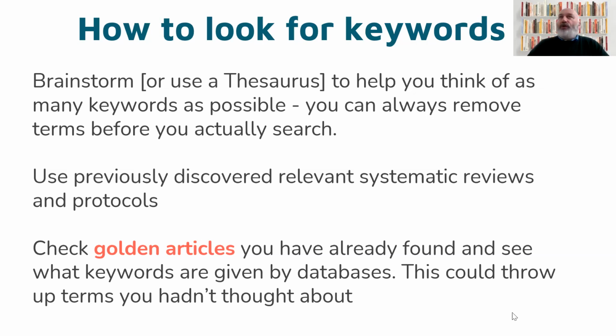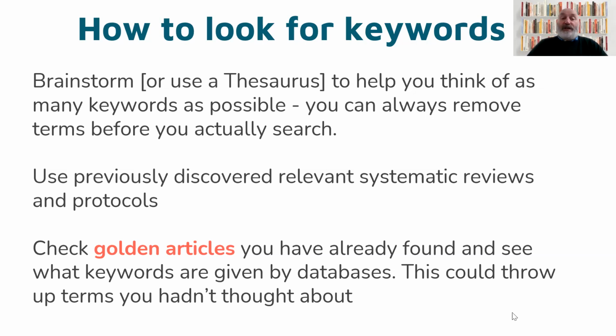So brainstorm, and use sources to help you think of as many keywords as possible. Look for pre-existing systematic reviews and protocols and see how they have said they're going to search, particularly completed systematic reviews, because they are supposed to fully document and report their search strategy.